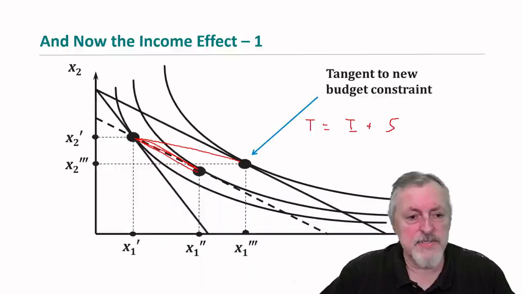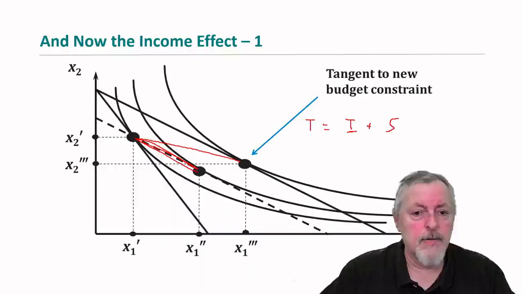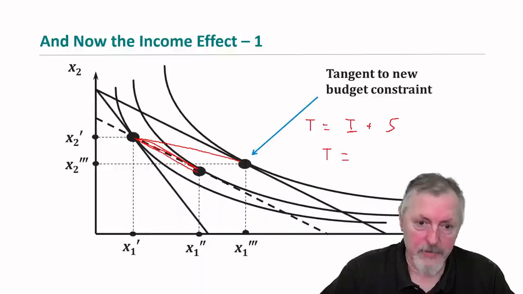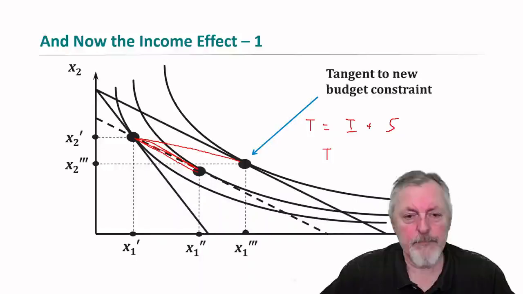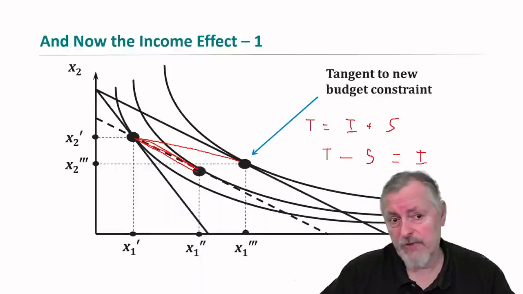So we've essentially subtracted out the income effect. But you can also write that as the total change, whoops, writing with a mouse is more difficult than it seems. The total change minus the change due to the substitution effect. Whatever's left over has to be the income effect.